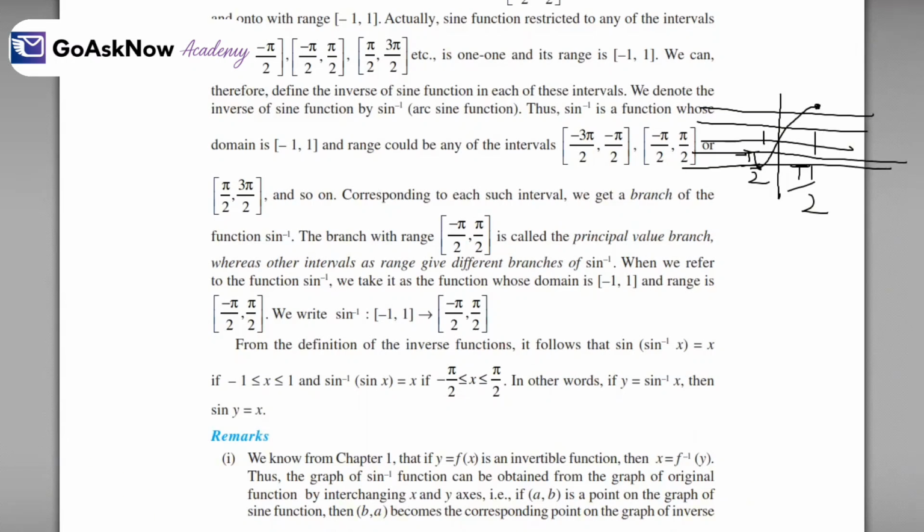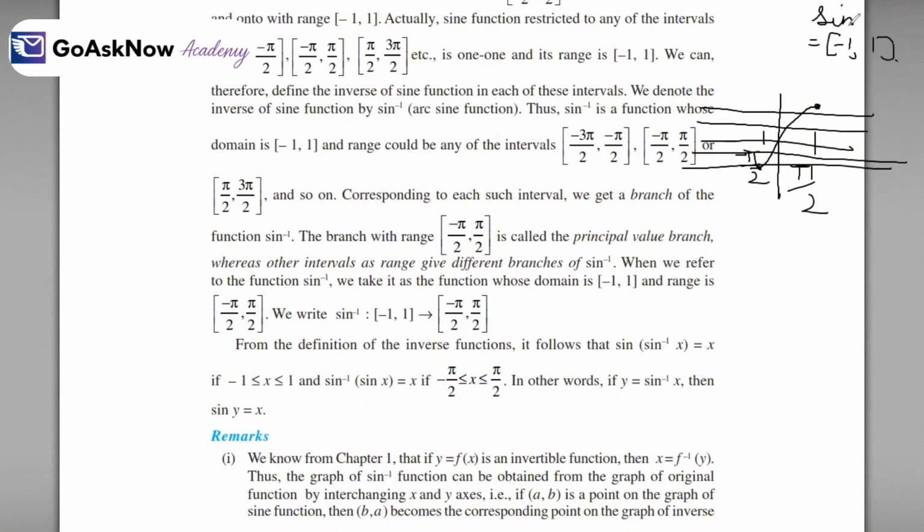Okay. And it is also onto here. Why is it onto here? Because whatever the range of the sine function is, it covers minus 1 to 1.